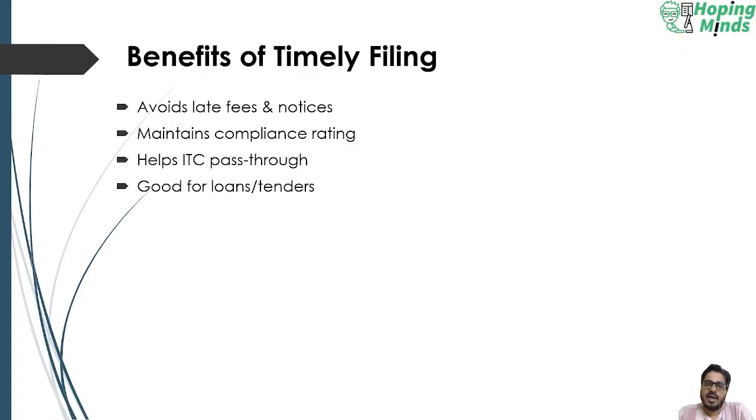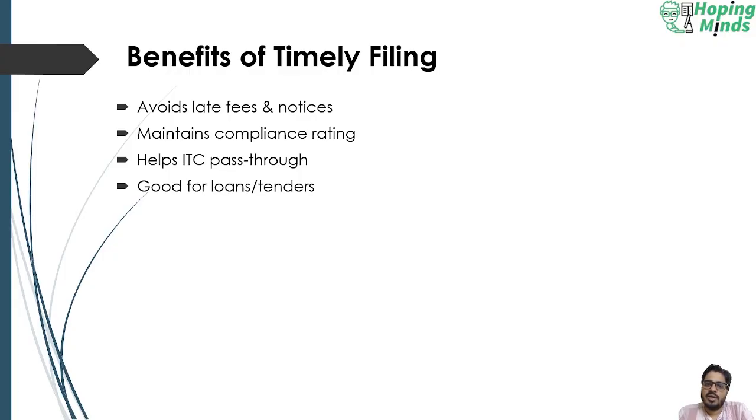It helps ITC pass through. So if a GSTR-1 return has not been filed within the due date for the reporting period, then the benefit of input tax credit will not be available to the buyer during that month.